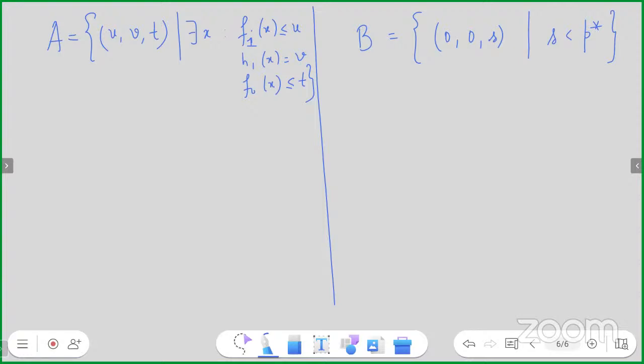Suppose I make a claim: A intersection B. How would that go? We can take some element that belongs to both of them. Yes, let's take u, v, t. So now you claim that if it belongs to A, it cannot belong to B, or either way. Carry on.